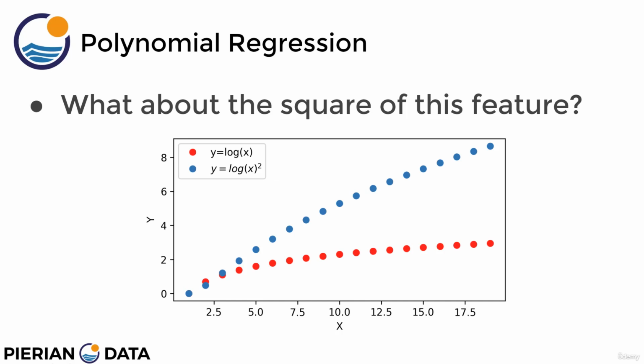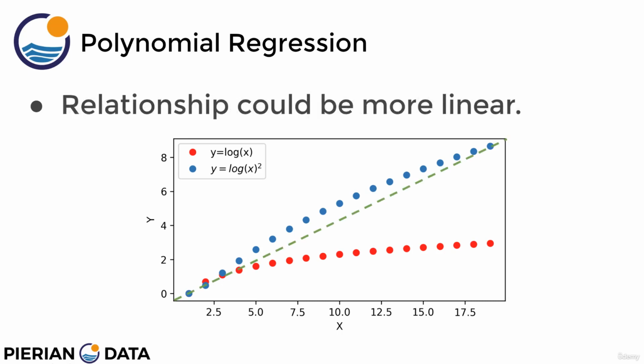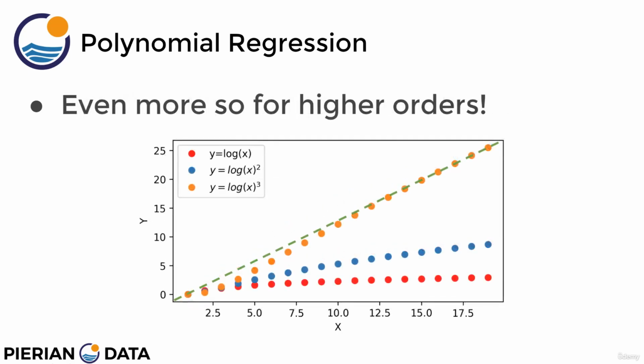If we take the square of this, then notice it starts to become more linear. Then we could even go to higher orders, such as the third power, and you'll notice it really starts to appear linear compared to those original curves, which makes it much easier to find a good beta coefficient for those higher orders than for the original feature.